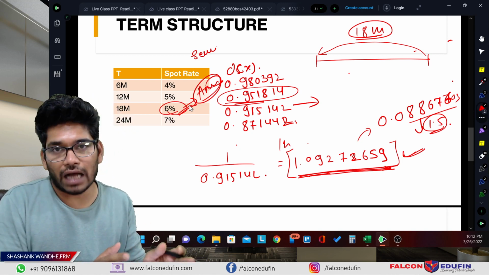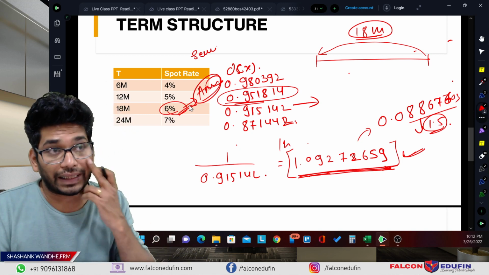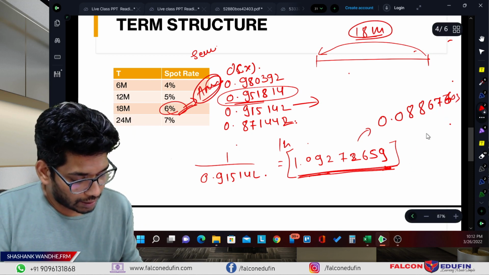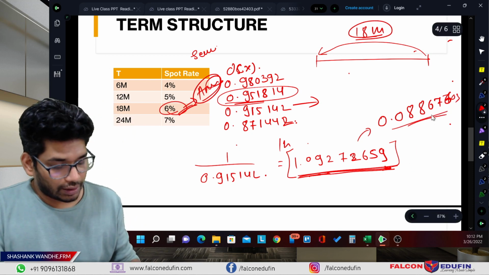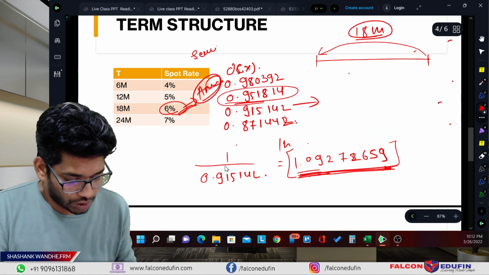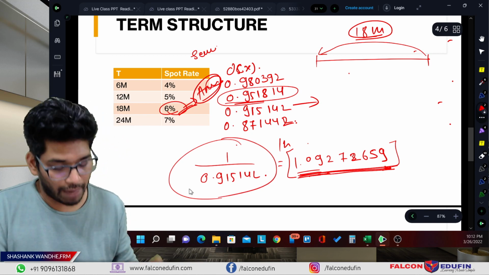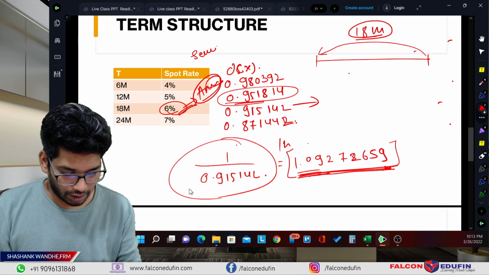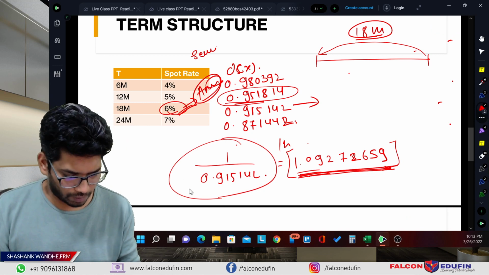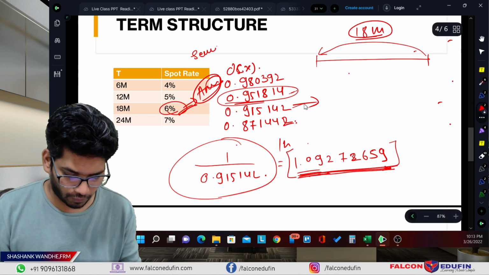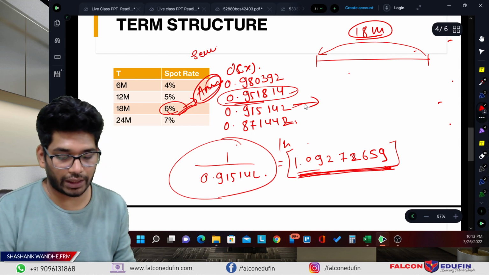If GARP asks you to calculate the rate in the continuously compounded format, then what you are supposed to do is just take this particular part. This portion works in the same manner, that is 1 divided by 0.915142, right?